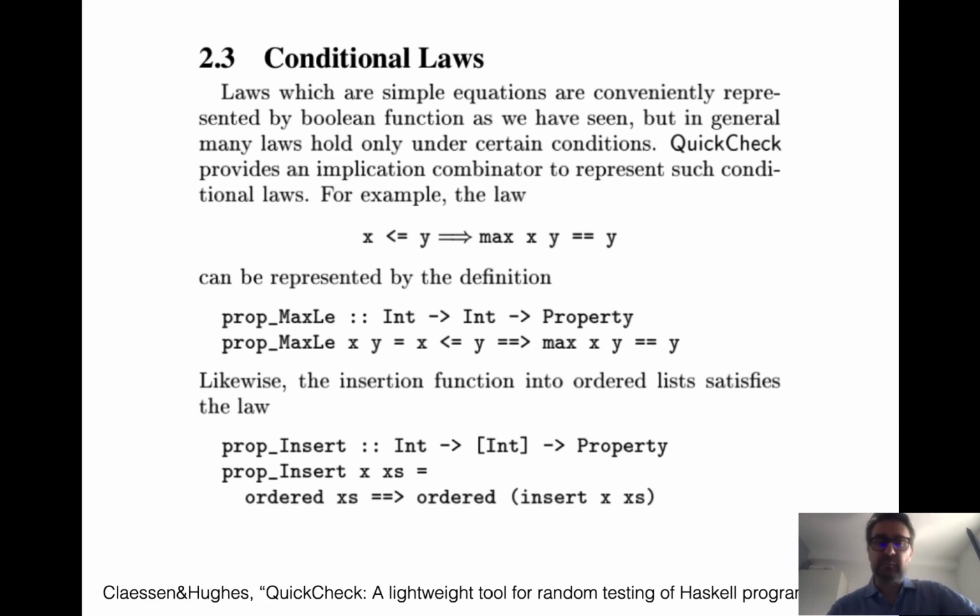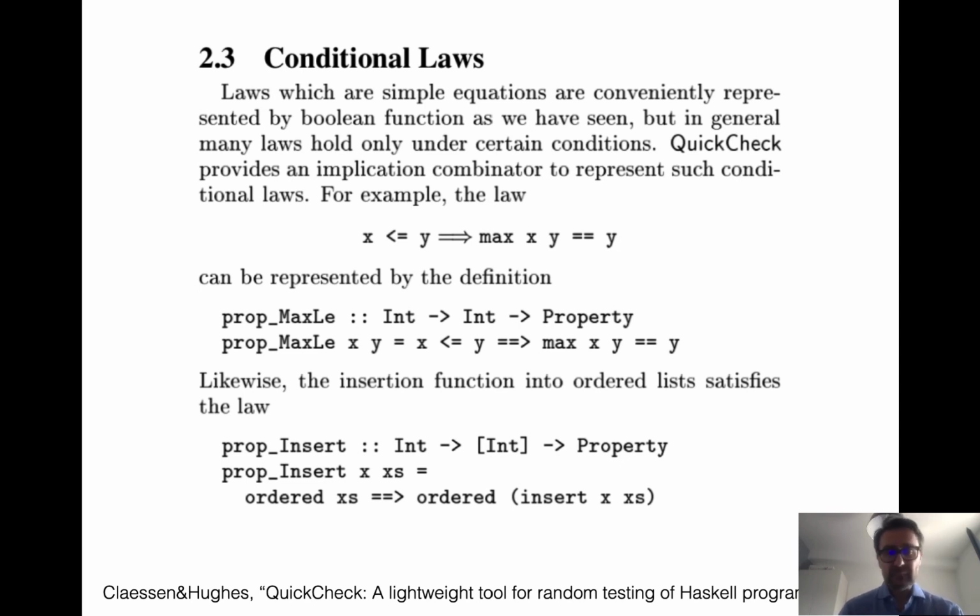So here, for example, if we are testing the max function, the max of two values x and y should be y only if y is the same as x or if it's larger than x. So that's a condition for this property to hold: y must be larger than or equal to x. If y is smaller than x, actually max of x and y equals x, so the property does not hold.